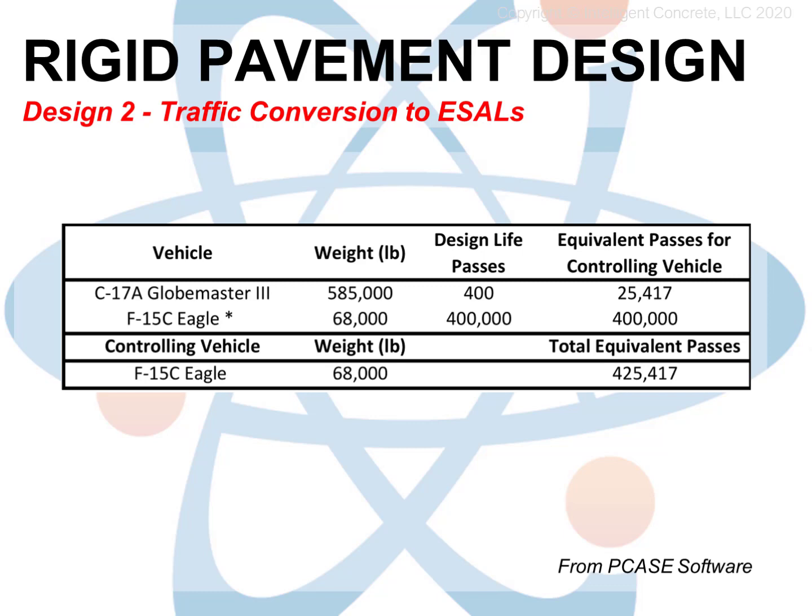The P-Case program knows how to convert wheel loads of the various aircraft to equivalent single axle loads, but they're not using the same 18,000 pound ESAL as what we use for roads. Airfields, taxiways, parking aprons, and the like use different ESALs more appropriate to the type of traffic to which the pavement will be subjected.